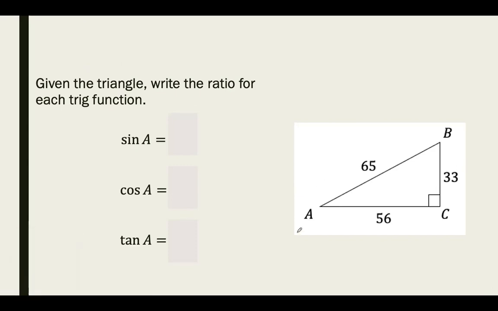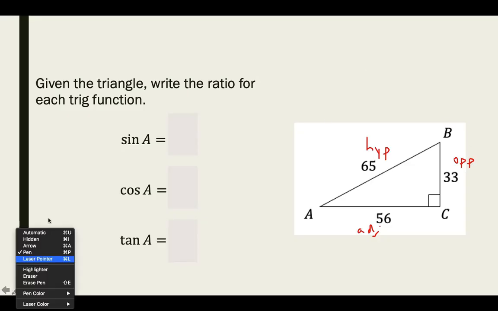So we're looking at A. Our opposite side is the side across from A. Our adjacent side is our leg next to A. And then our hypotenuse is our side across from the right angle. So hopefully that will help you as we write out these ratios.